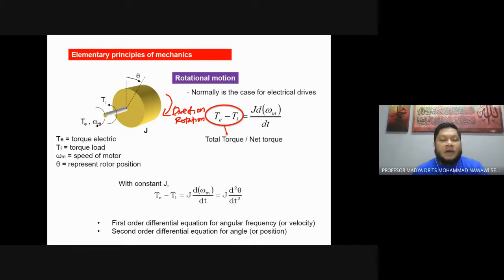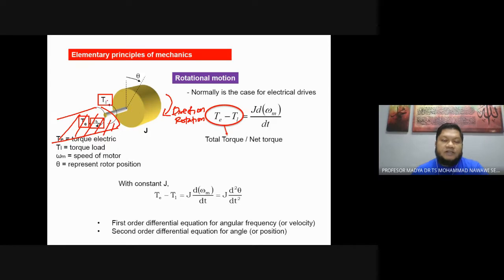This is the torque from the motor, and this is the angular speed of the motor, and this is the load torque, if you connect any load here.